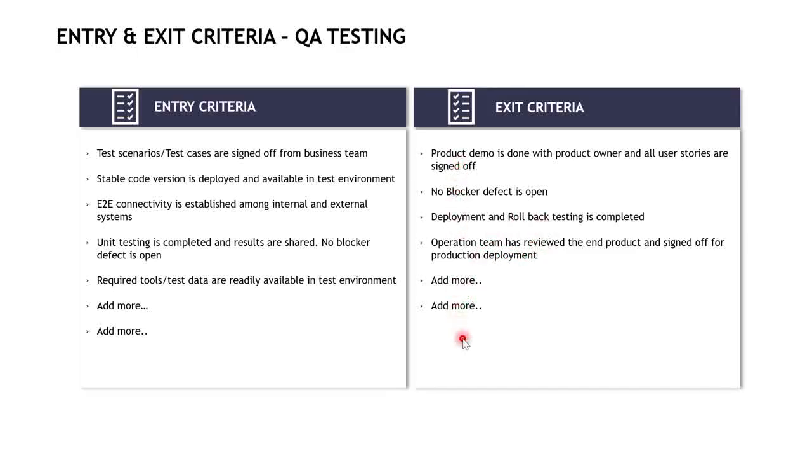Similarly, there could be more based on your project and program. You can add more things here. But this is important so that if your testing is not happening on time, you can say these are my entry criteria, and if those are not met, testing cannot be started on time. And if these exit criteria are met, then I have to get a sign-off on testing. So, a very important slide. With this, you will move to the Q&A slide, which was my last slide.